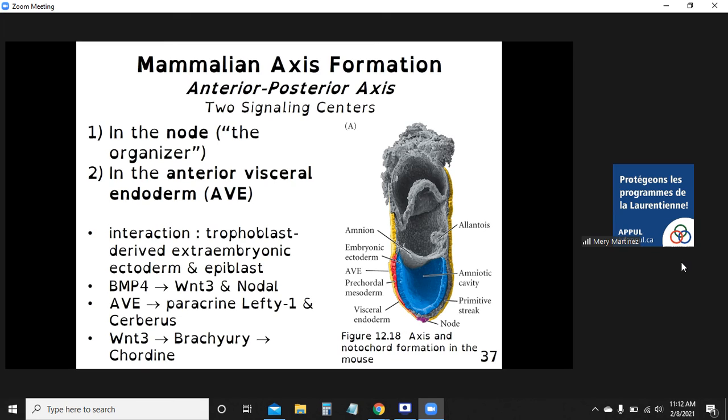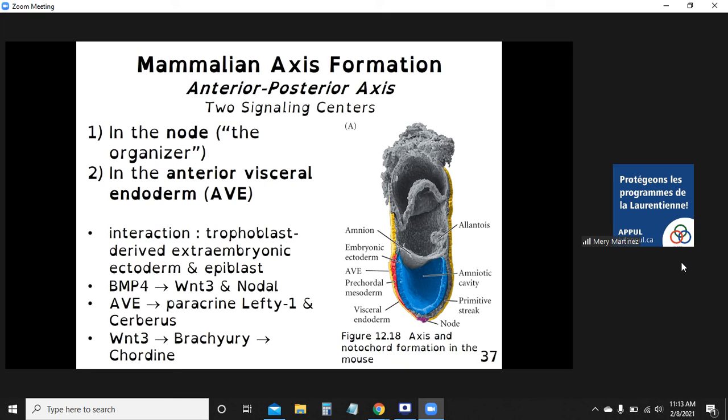On the other hand, the anterior visceral endoderm has some overlapping functions, but its main function is the positioning of the primitive streak. So the two centers work together to create the forebrain. That's what they say, they have some very similar, overlapping functions.